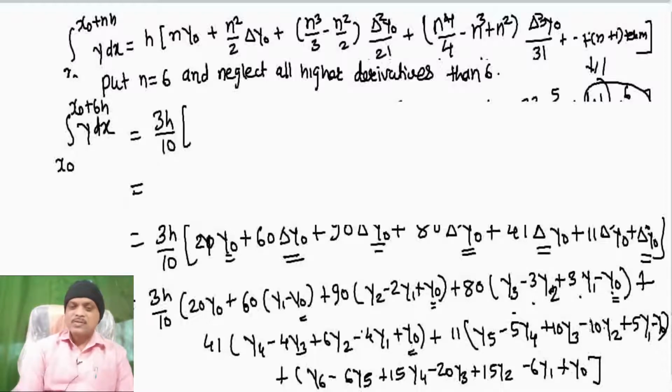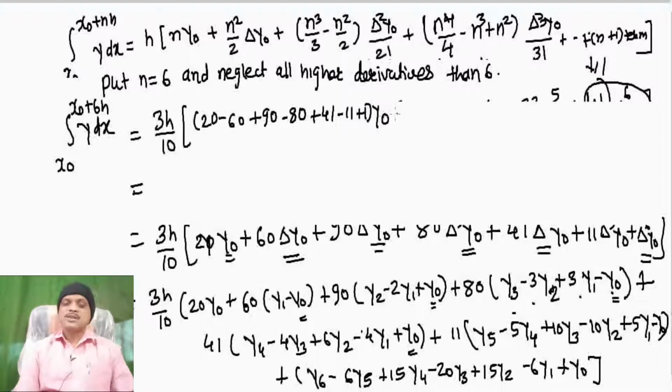So we have 20, 20 minus 60, then plus 90, then minus 80, then plus 41, minus 11 and plus 1. These are all the multiples of y0.